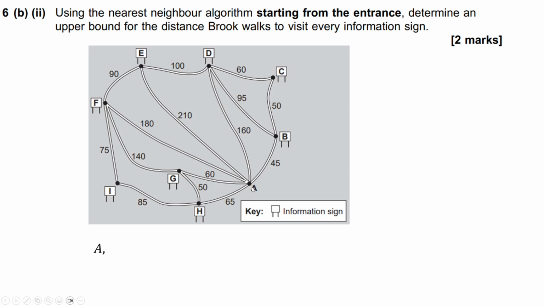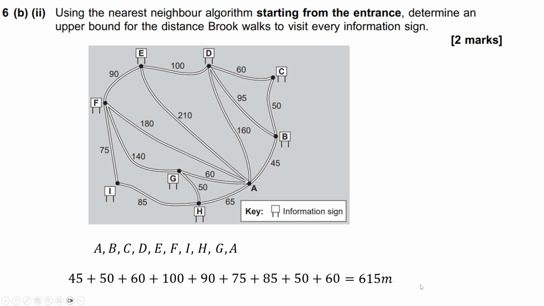So we start at A, the next shortest is B, and from B, you can't go back across A or B, so the next shortest will be C, and then D, and then E, and then F, and then after that it looks like it's going to be I, and then H, and then G, and then A. That's fine because we need to get back to the starting node, so we just take that journey back. You add all of these up together, you'll get 615 meters.